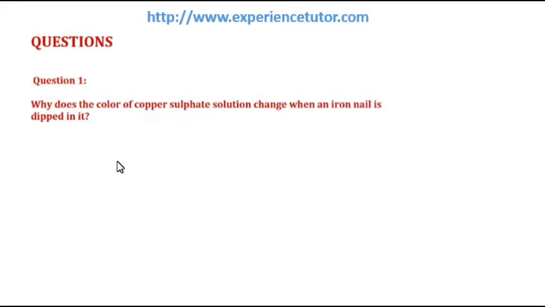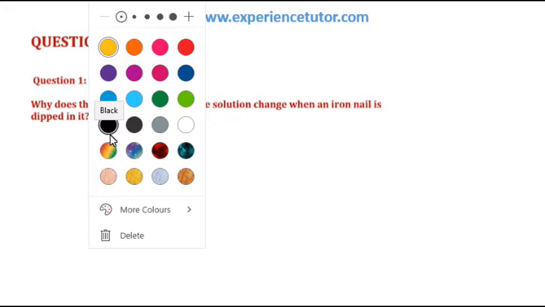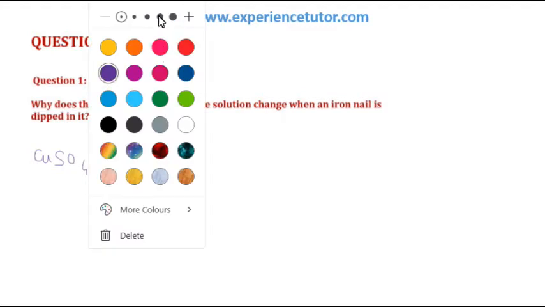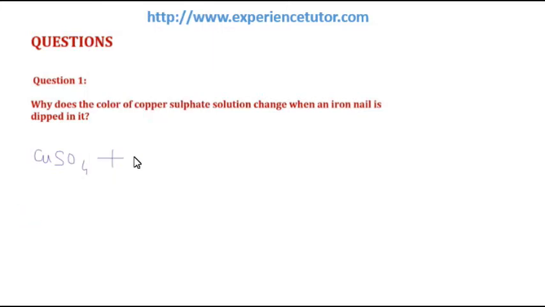We can write the reaction as CuSO4 plus Fe gives FeSO4 plus Cu.